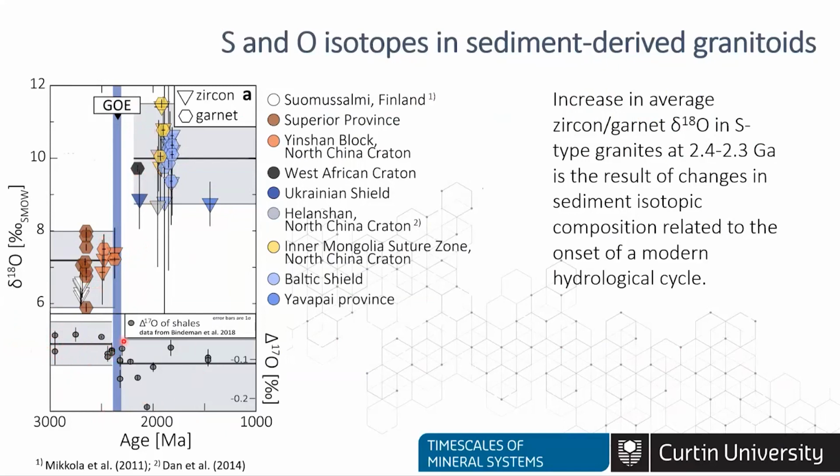And again, this has been interpreted to be related to the onset of a modern hydrological cycle over large subaerial land masses. So we interpret this increase in delta 18O in sediment-derived granitoids to be related to the increase in delta 18O in sediments. And then when these sediments were recycled into the igneous rock record, we get these signatures.